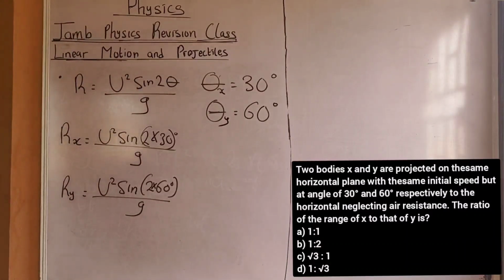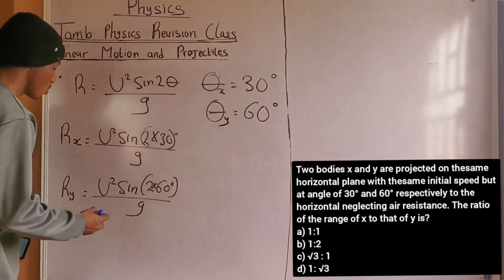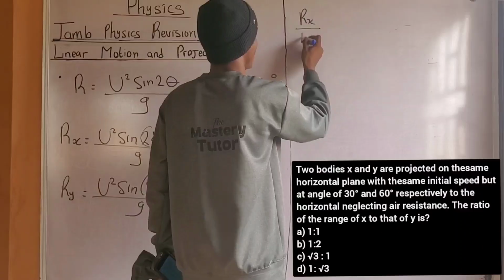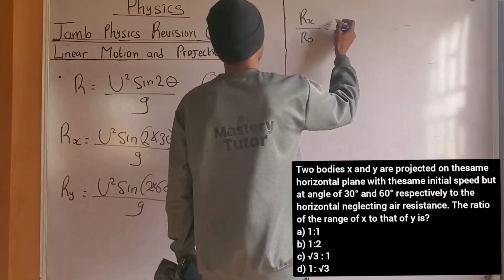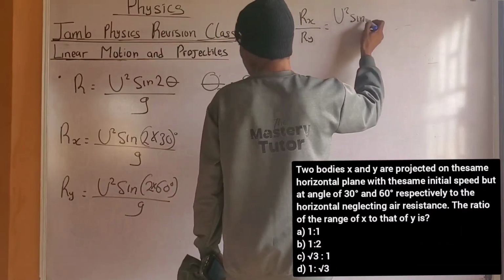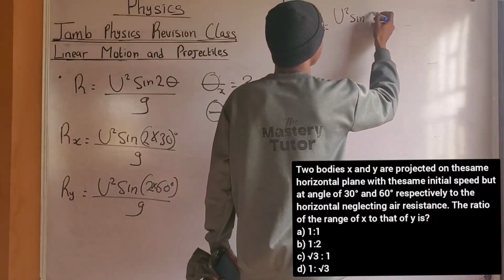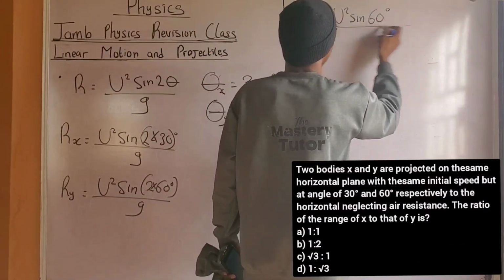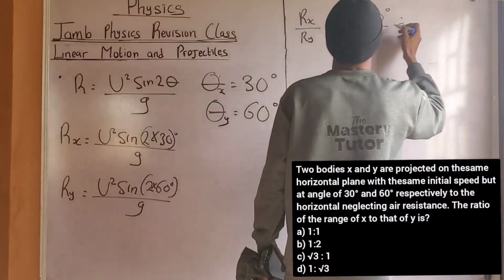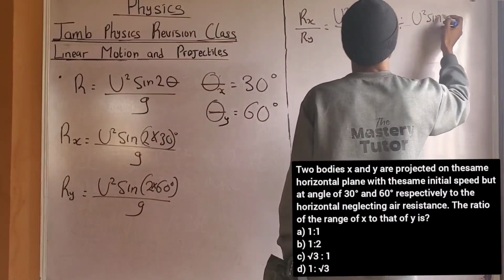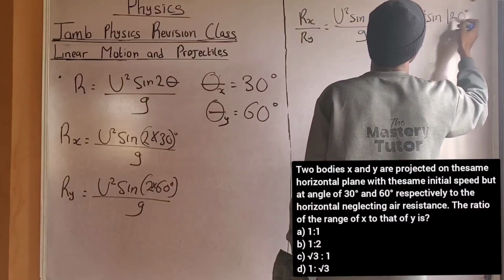So I'm going to have Rx over Ry equals U squared sine, now 2 times 30 is what? 60. U squared sine 60 all over G divided by U squared sine 120 degrees all over G.